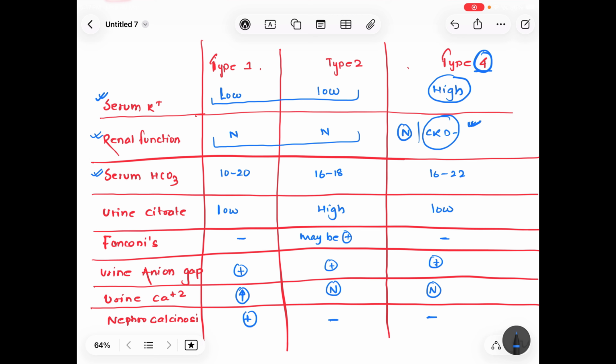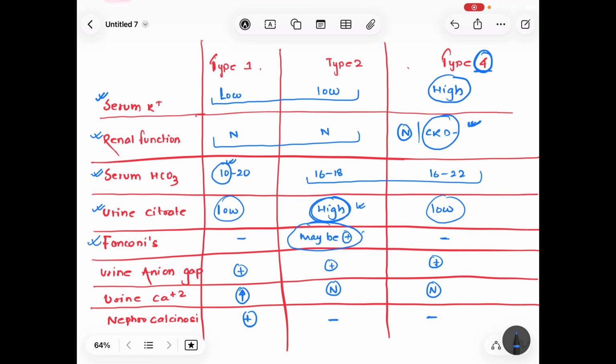Next factor is serum bicarb. Serum bicarb is on the lower side in type 1 RTA, and it ranges from 16 to 20 in type 2 and type 4 RTA. Urine citrate is high in type 2 RTA and low in type 1 and type 4 RTA. Fanconi syndrome is associated with type 2 RTA.